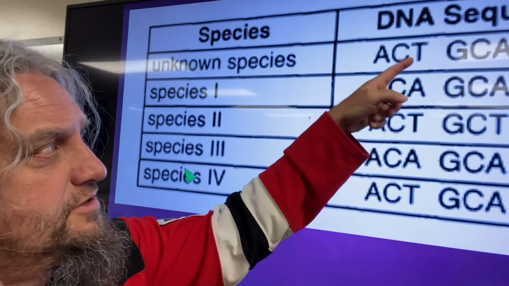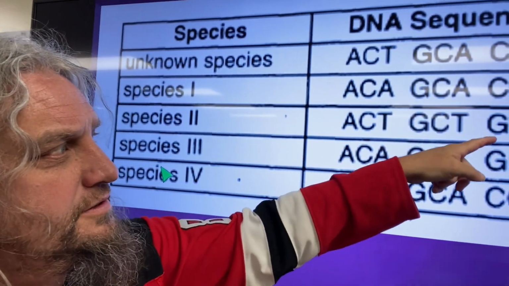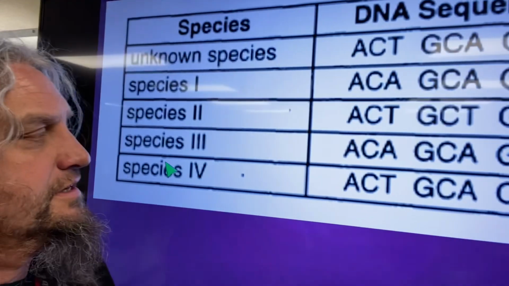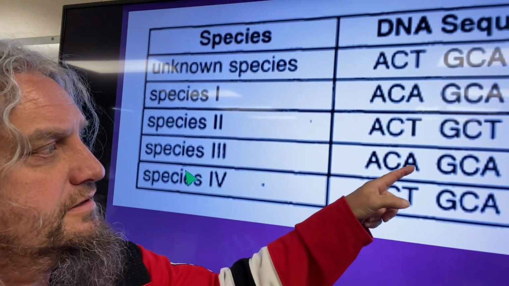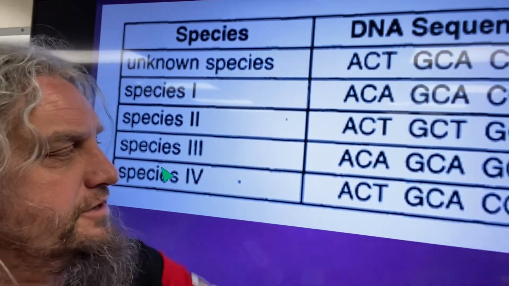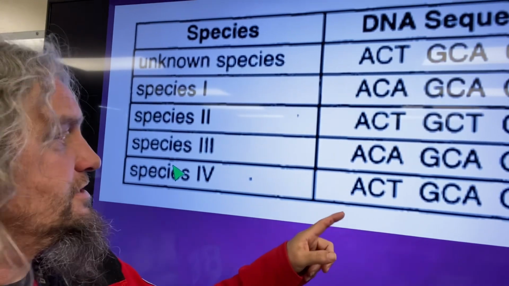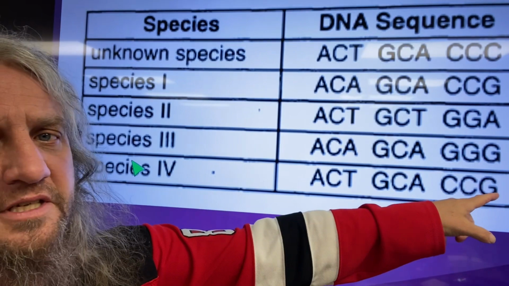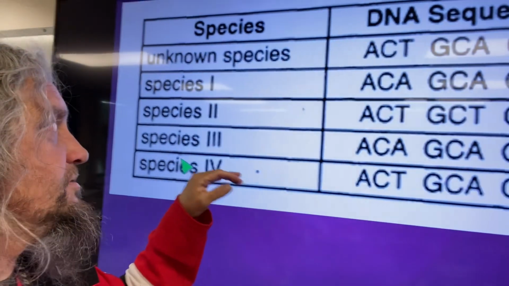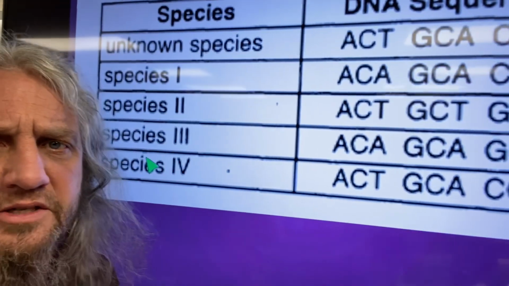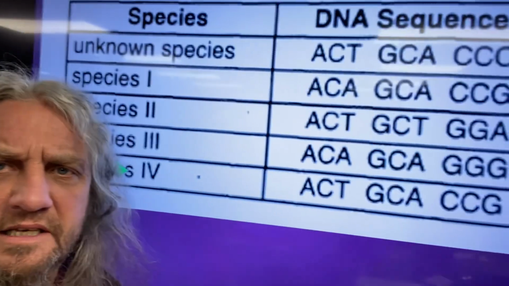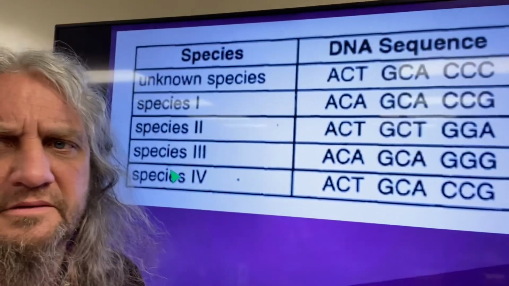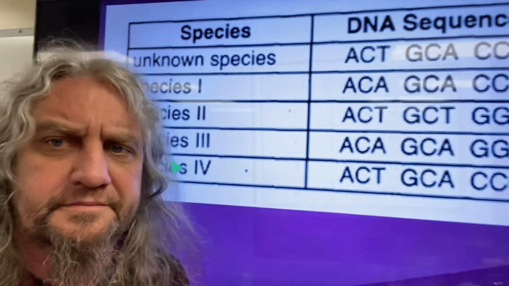Species 2 has 1, 2, 3, 4 differences. Species 3 has 1, 2, 3, 4 differences, and species 4 has just 1 difference. This G is a C. So you would say that species 4 is most closely related to the unknown species. That's a typical Regents type question.